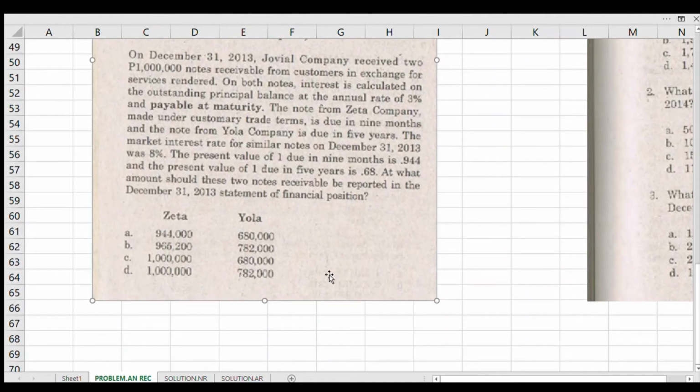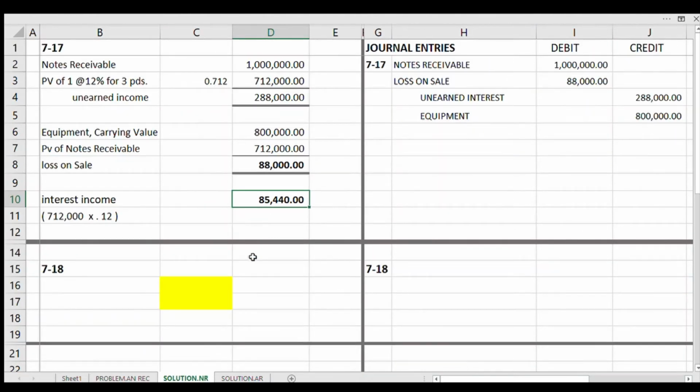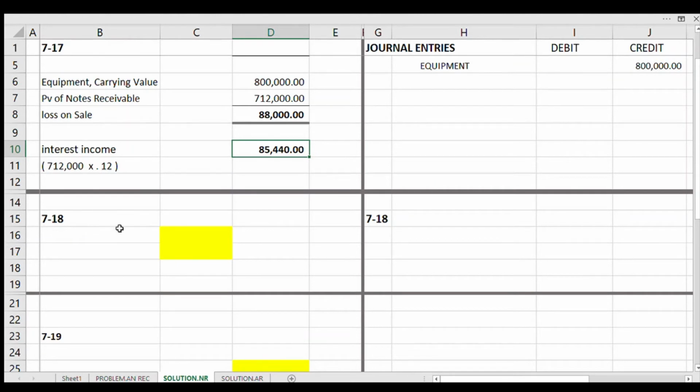So we have some choices here. So let us solve the problem so that we can arrive at the correct answer. Okay, so for the next problem, let us see our solution, no?